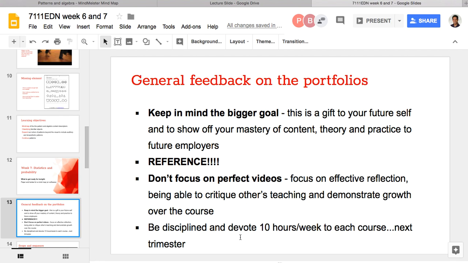Also, we're kind of getting the sense that still people aren't devoting the full 10 hours. Now, this course and the assessment is explicitly designed to take that maximum of 10 hours, okay, for you to actually complete. Now, that's on average. Not every week will you spend 10 hours on your e-portfolio.